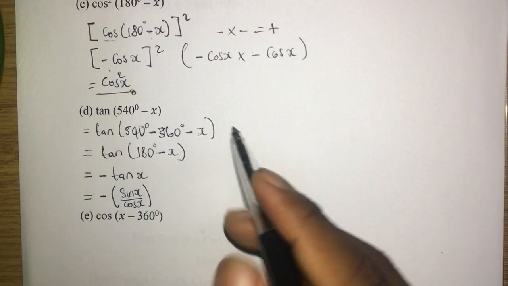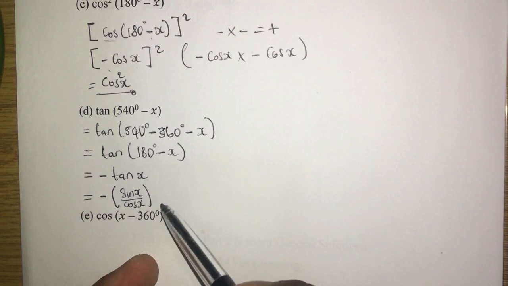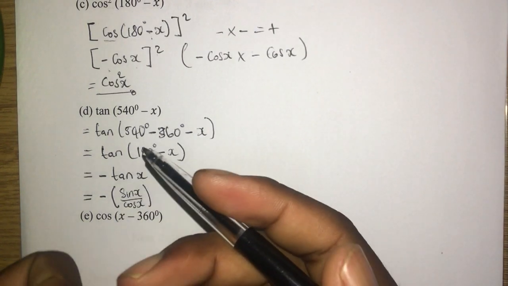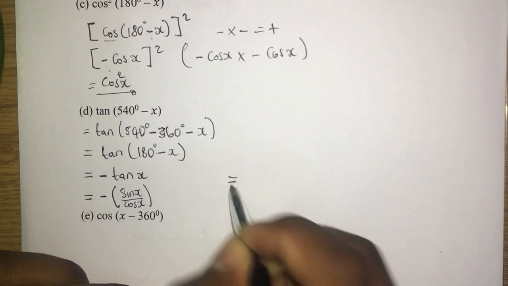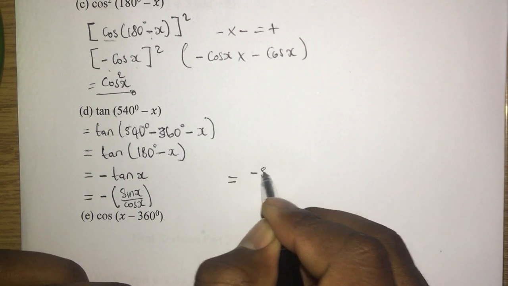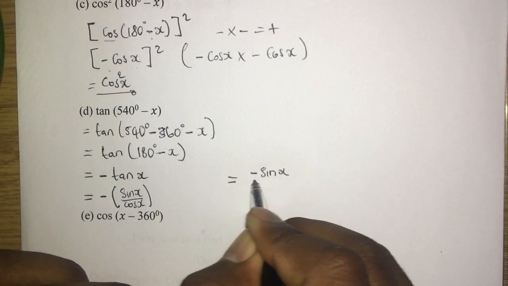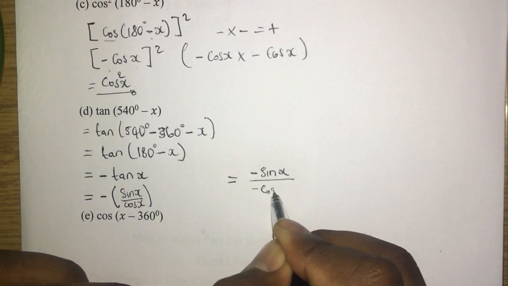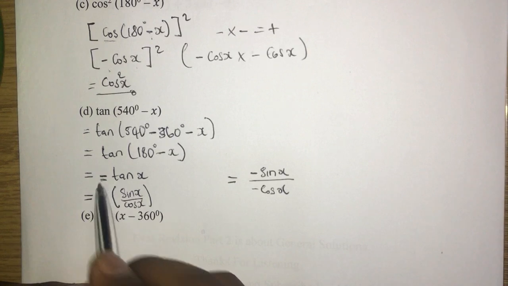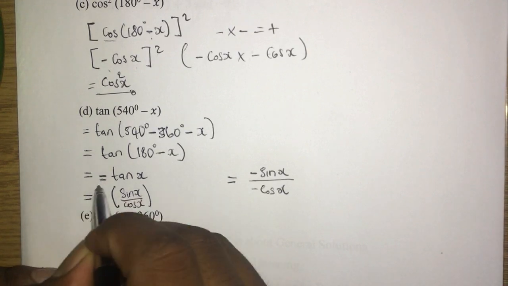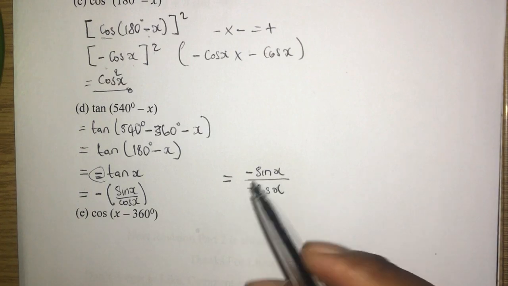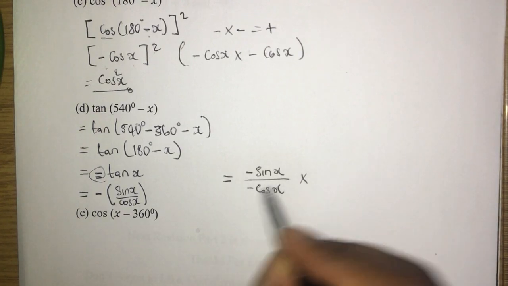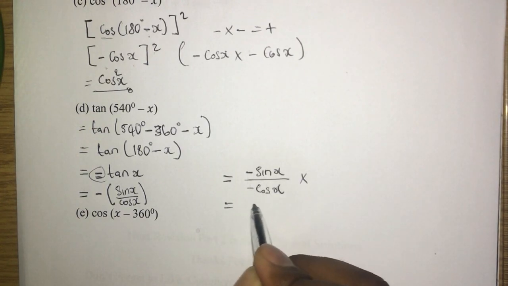Some other student can do this in a manner which is a misconception. Elena can say this equals negative sine x all over negative cos x, due to this negative. This is wrong, because this will end up being tan, which is positive.